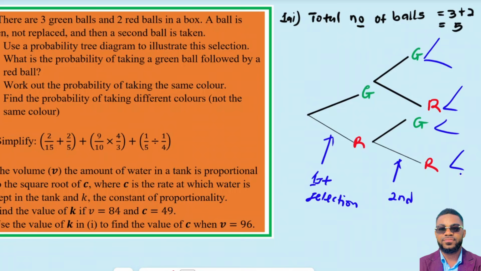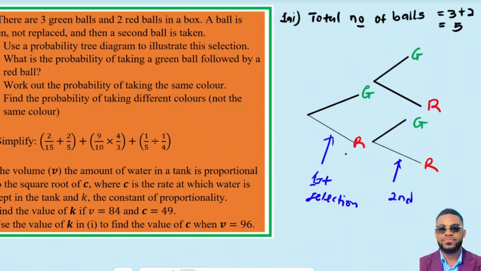So see how that one is going to be. Since we are talking about double selection here, we have to end at this point. We didn't take an item or a ball twice here. It was just twice, the first selection and the second one. So we can't continue from this. So you should know that we have to end here.